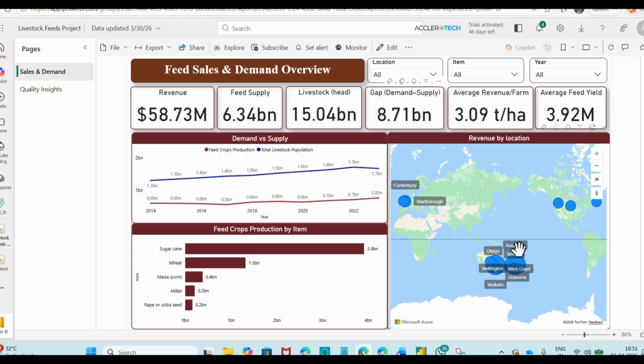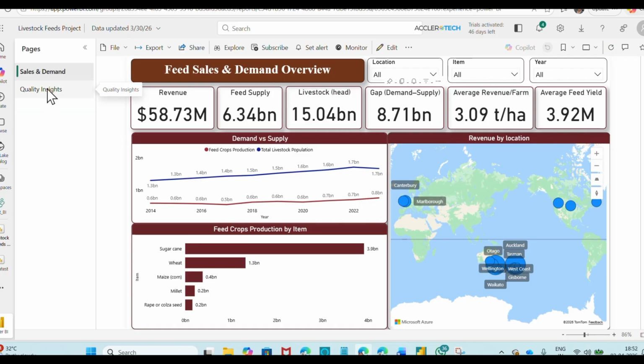Similarly, for other locations, if we browse through it, we can see the count. We also have the filters or prompts based on the location, the item as in the feed supply, the apricots, bananas, the year, and the locations.